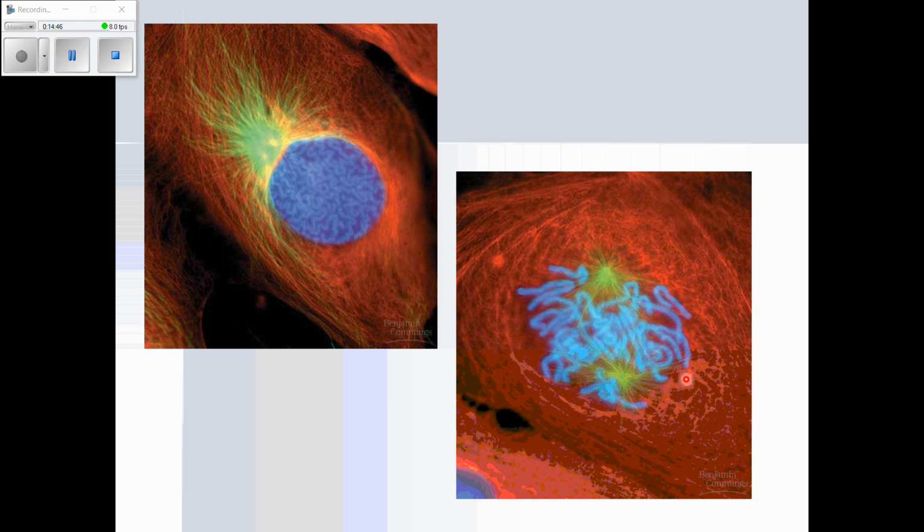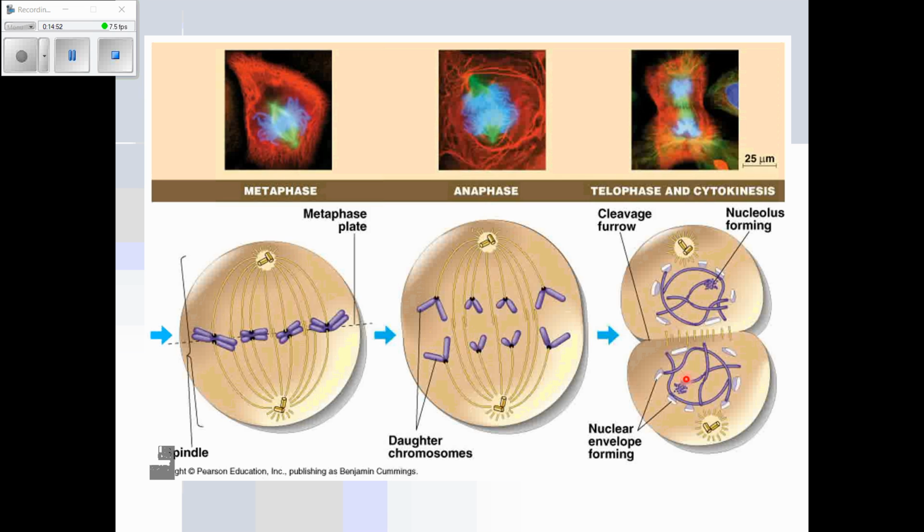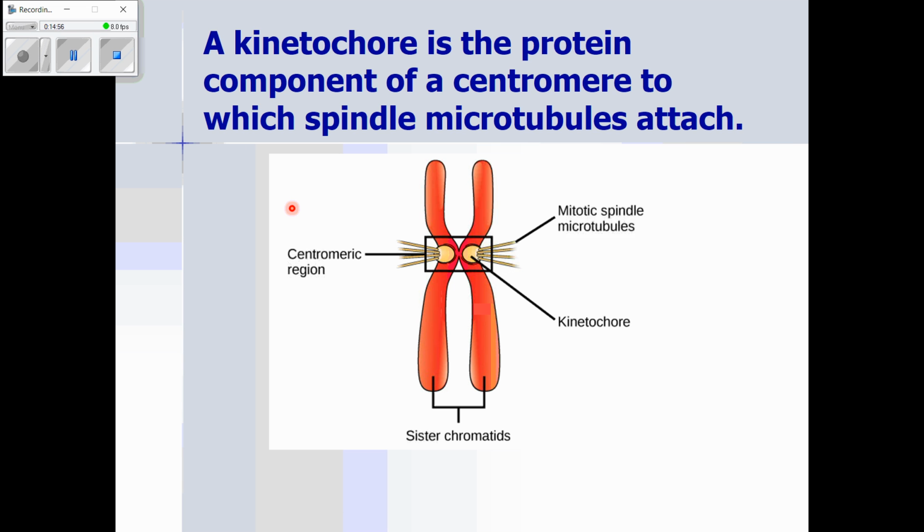So what in the world is that talking about? I've got a close-up picture of that that I can show you if I can find the right one. Bear with me here. Okay, so here's an extreme close-up, and you can see the microtubules which make up the spindle fibers attaching to this kinetochore on this side of the centromere, and on the other side of the centromere we have another set of microtubules attaching to this kinetochore.